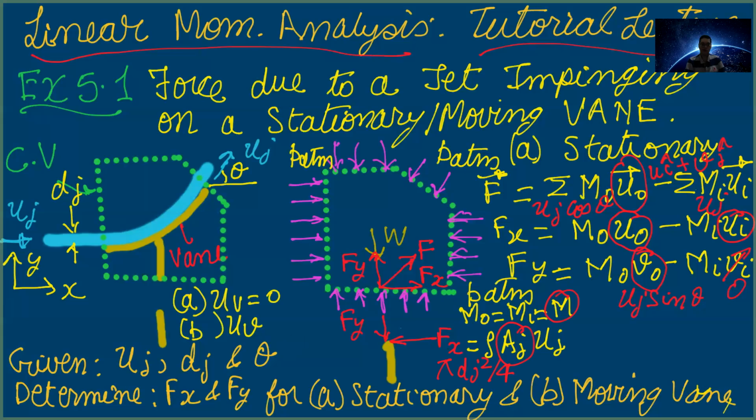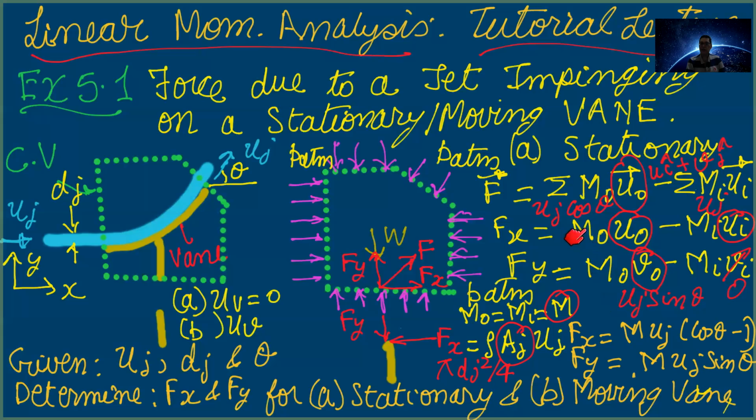Once you know this mass flow rate and the horizontal and vertical velocities at the outlet and inlet, you substitute them, and finally you obtain an expression for the reaction force acting on the control volume in the x direction as mass flow rate into uj cos theta minus 1, and the reaction force in the y direction is as follows. You can take the mass flow rate common, and this becomes uj sin theta.